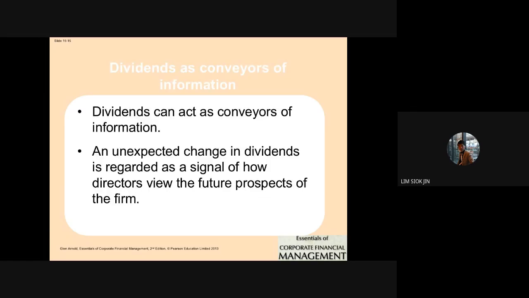Okay, so dividend can act as a conveyor of information. Every year this company, AirAsia, pays dividend. Then one year they never pay. What does it mean? It conveys information. How come every year they pay but this year don't pay? Sure, there is a reason for it. It provides information on what is happening to the company. Is it in trouble?